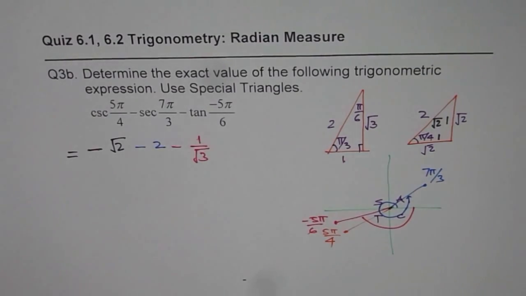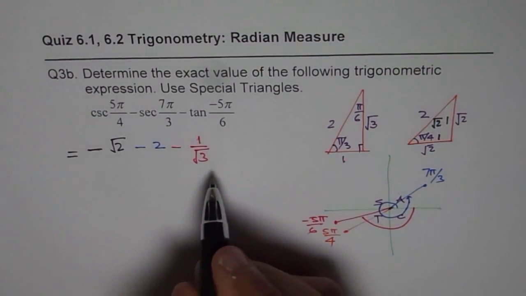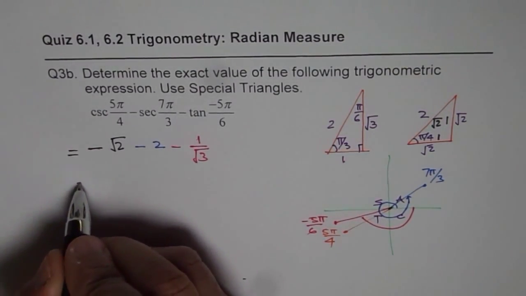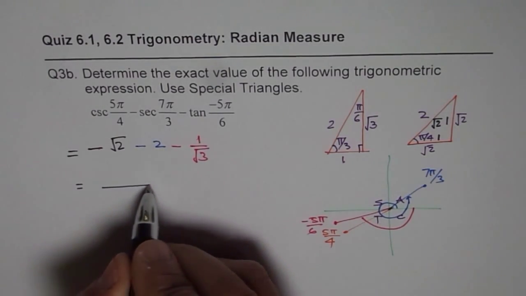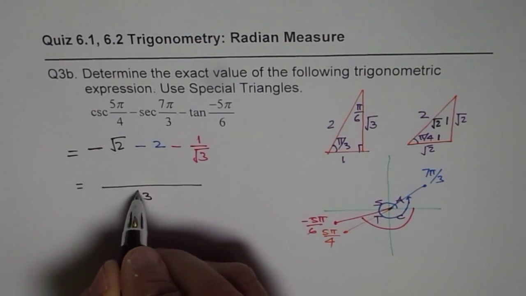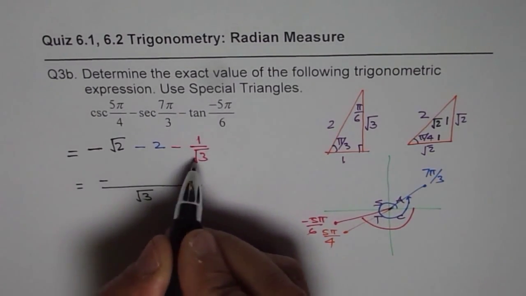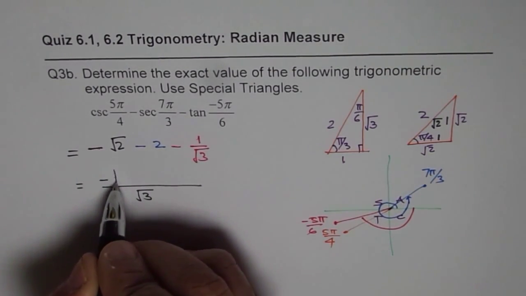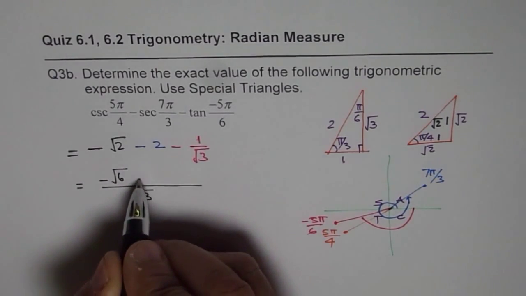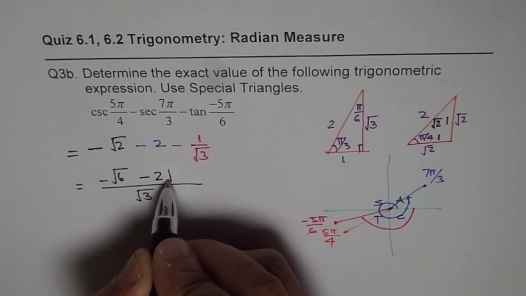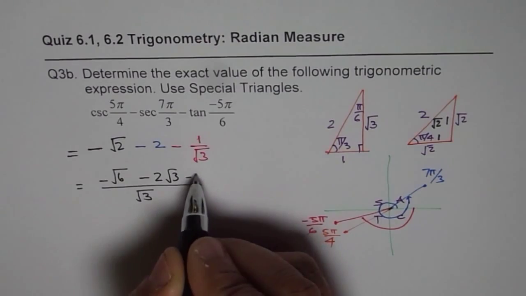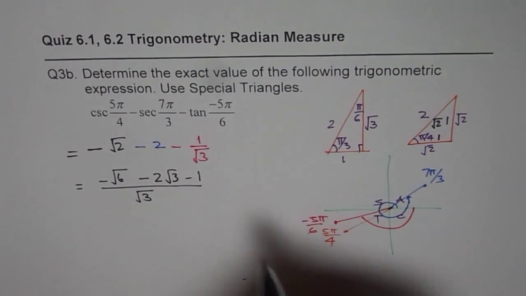Now you have to rationalize the denominator to write the answer. But first let's take square root 3 as common denominator. Then we get what? We get minus 2 times square root 3 will be square root 6, and this will be minus 2 square root 3, and then here we have minus 1. So let's rationalize this.